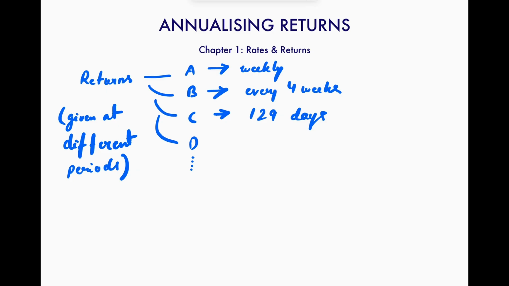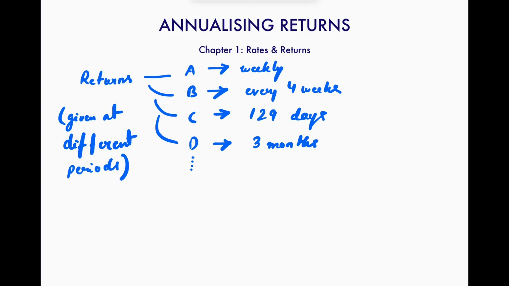For product D, it could be a 3 months return. When all of these investments and their returns are given to you but the period varies, it will be hard for you to compare the returns of these products.